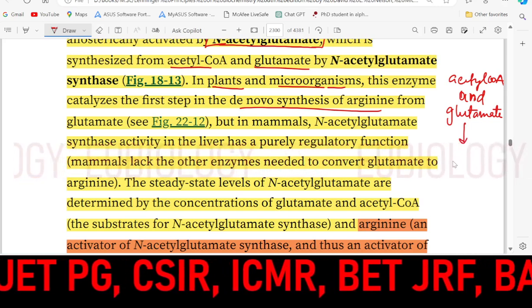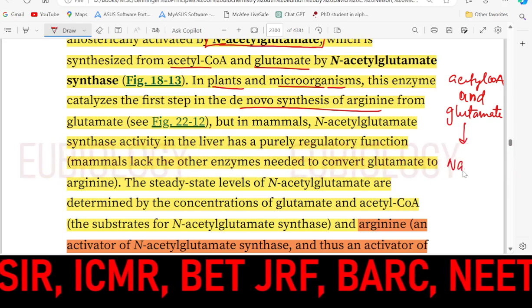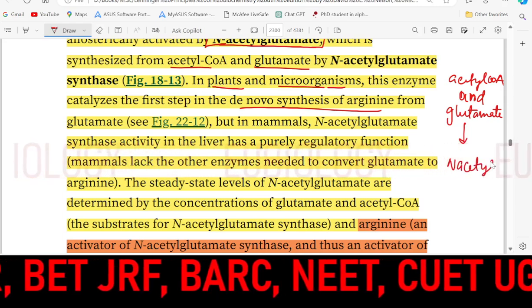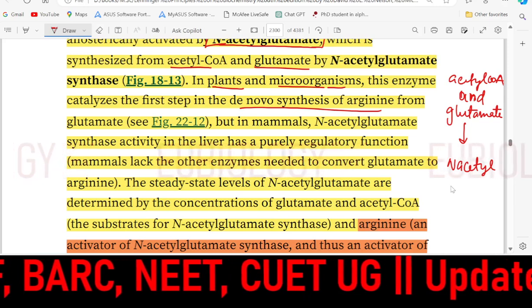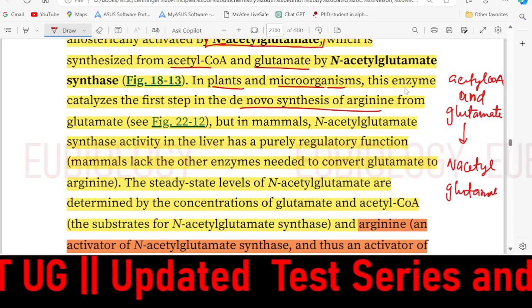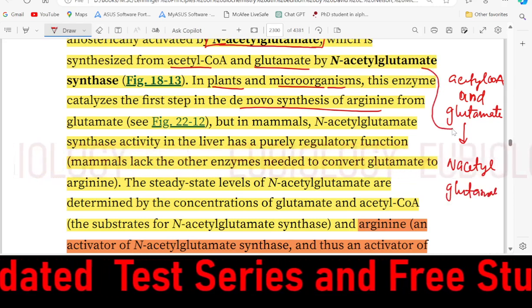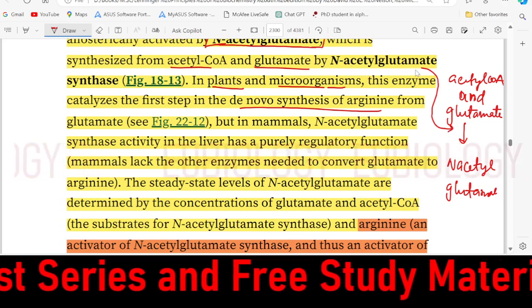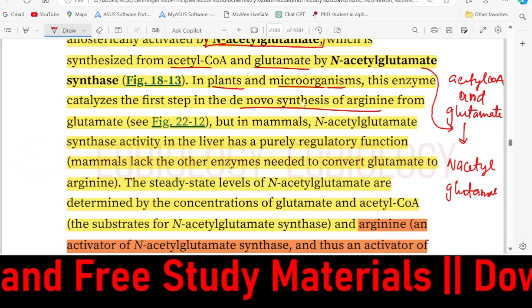It can give you the N-acetyl glutamate in the presence of this enzyme, N-acetyl glutamate synthase.